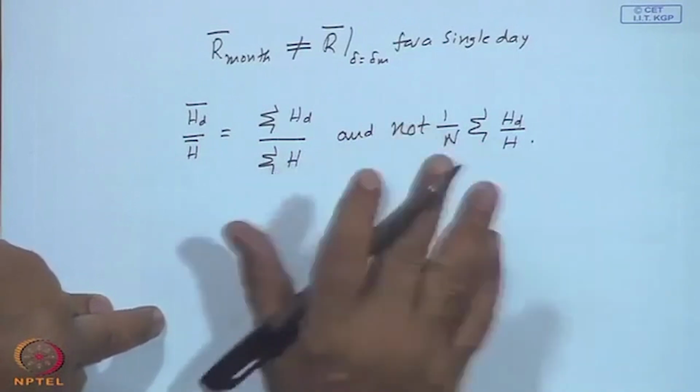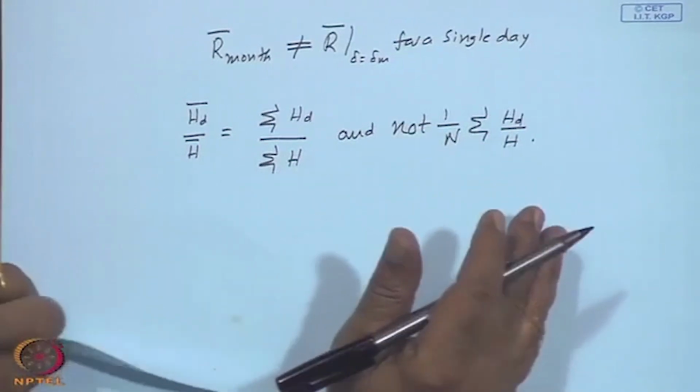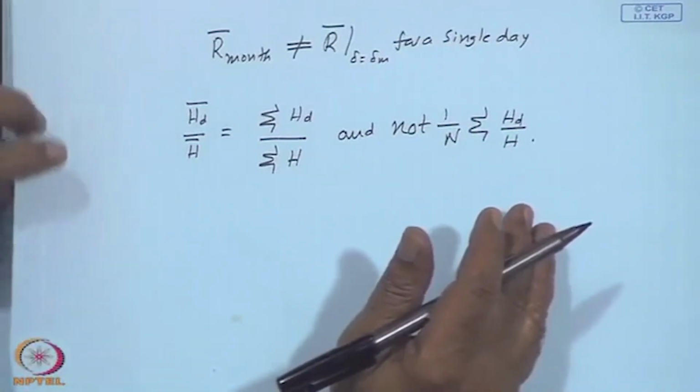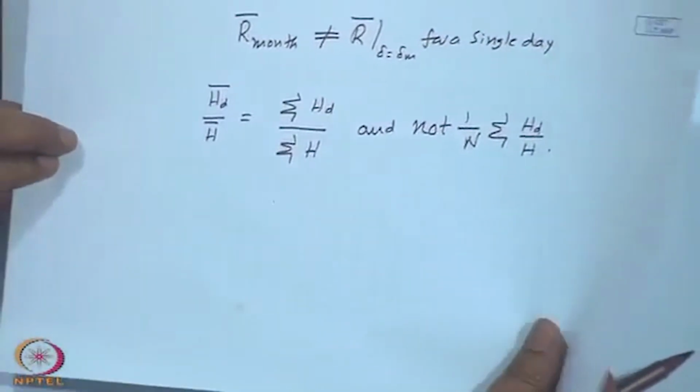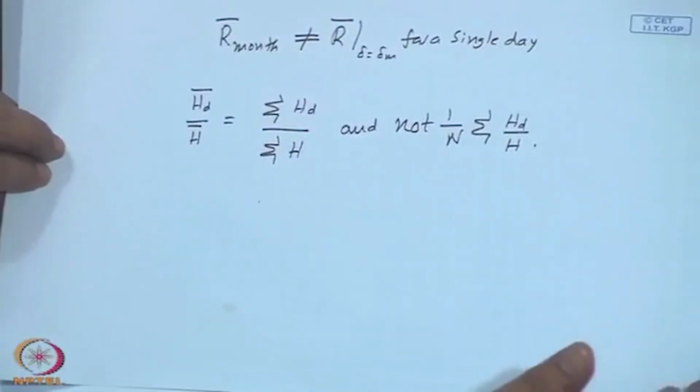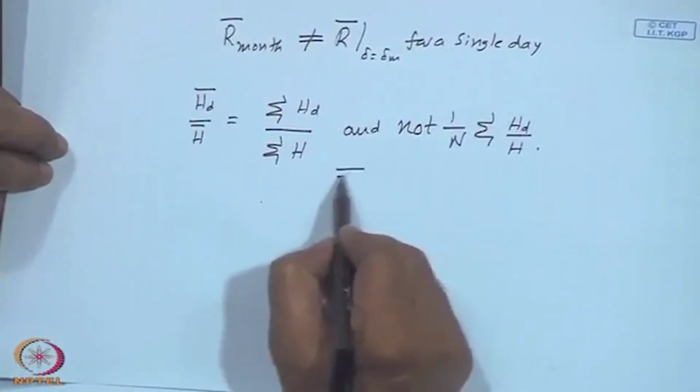Even if it fortuitously coincides, there is no need for it. If numerically equal k_T and k_T bar values are there, H_d by H will not be equal to H_d bar by H bar. This is sort of a mathematical reason.